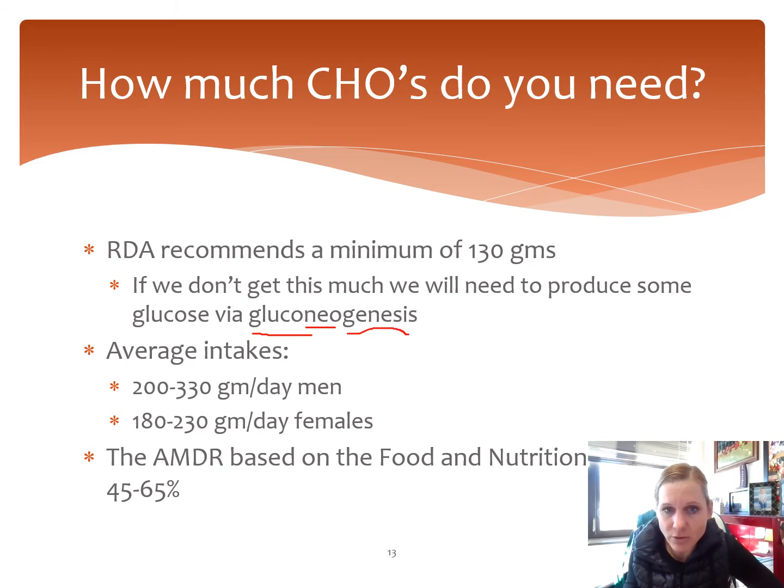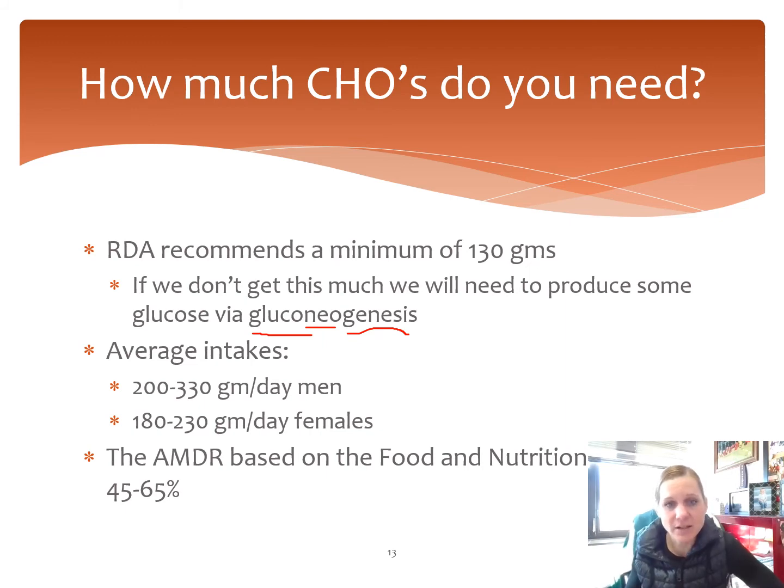So to create new glucose, or new sugar, that's what this word means if we break it up. Again, this is not ideal, because if we are producing new glucose, generally speaking, it's coming from amino acids, so basically we have to break down muscle in order to produce more sugar. And that's not something that we ideally want to do.